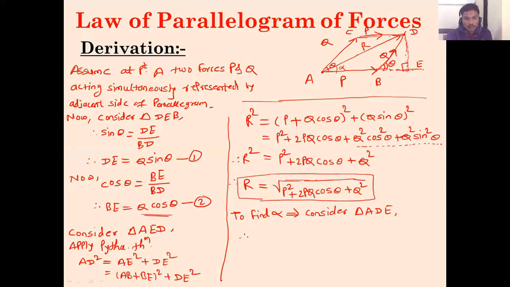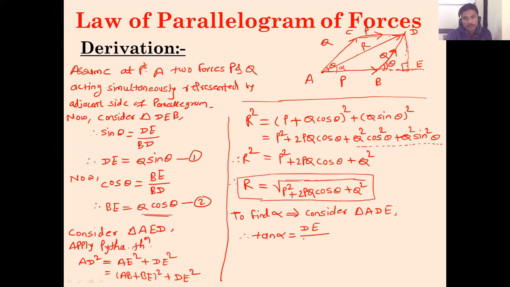In that, suppose we apply tan alpha. What will be tan alpha? What is the opposite side of the alpha angle? DE. And what is the adjacent side?